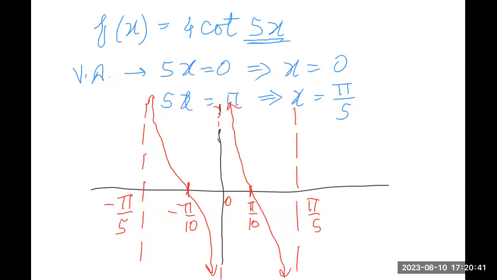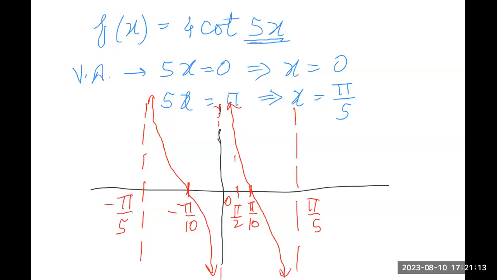And then in terms of labeling the y-axis, at the 1/4 point between two successive vertical asymptotes, the value of the function is equal to the stretching factor, which in this case is 4. So halfway between pi over 10 and 0 would be pi over 20.